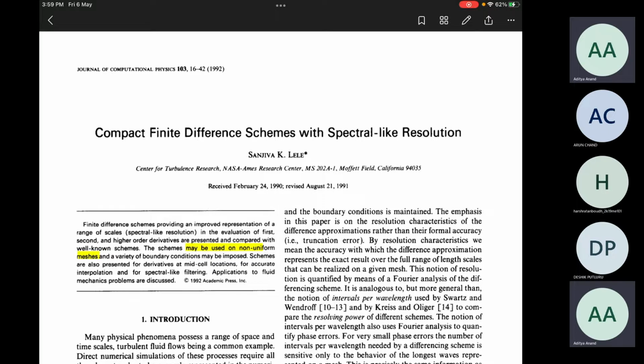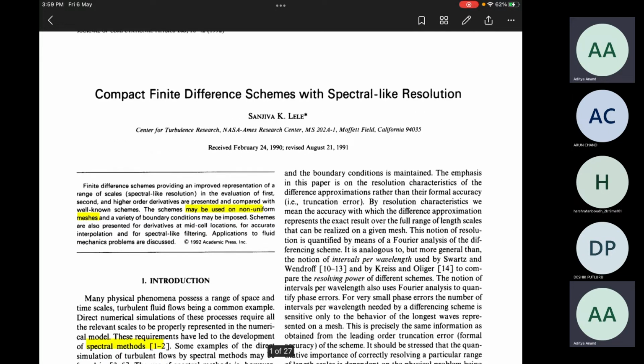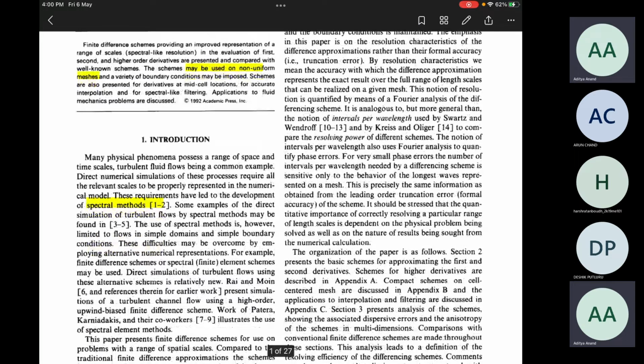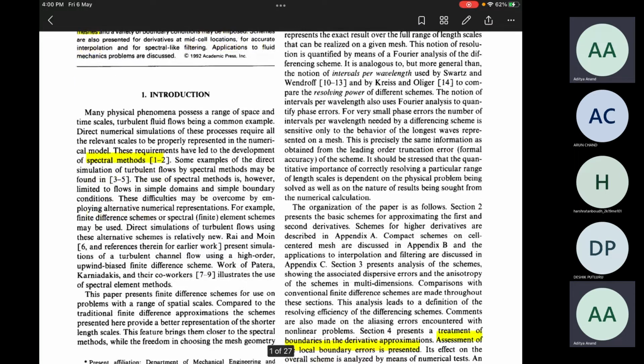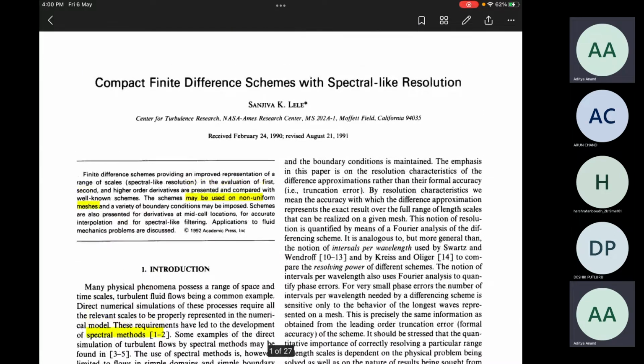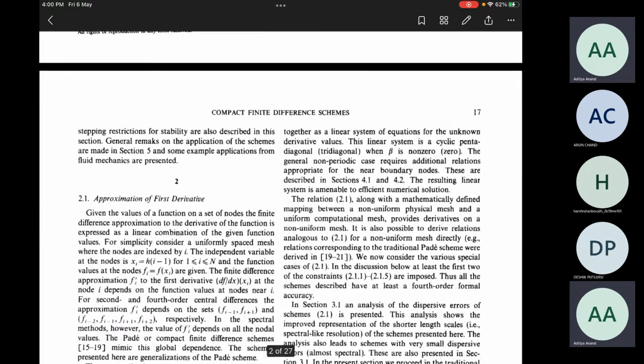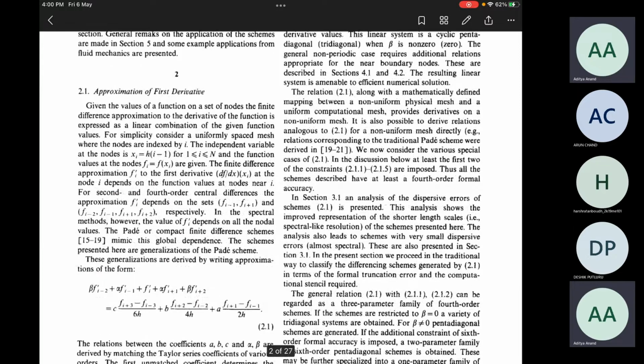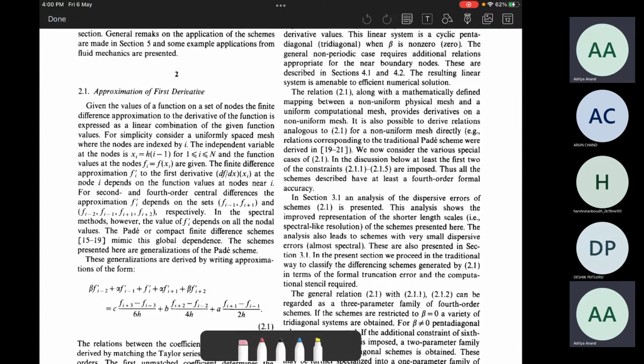So these compact schemes have a higher order of accuracy. That is, their truncation errors are small, and their accuracy is compared with spectral methods to see how close they are to those. Okay, so we'll first look at the approximation of first derivative.